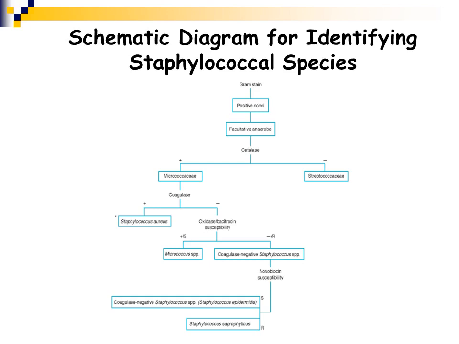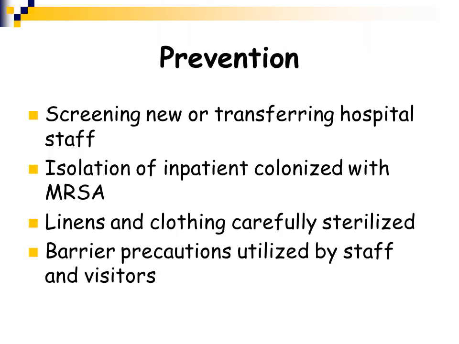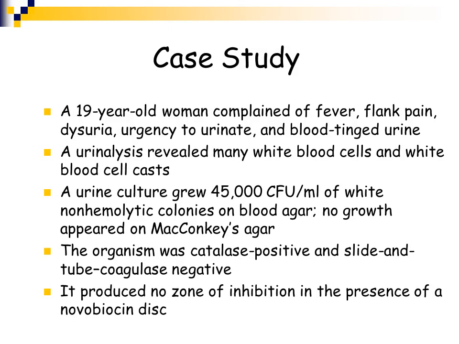If it's sensitive, in other words, there's a zone around the disc, it is CNS, not Staphylococcus saprophyticus, and most likely it's a Staphylococcus epidermidis, since that's the most common coagulase negative Staphylococcus species. Prevention is the same type of prevention we already talked about for Staphylococcus aureus.